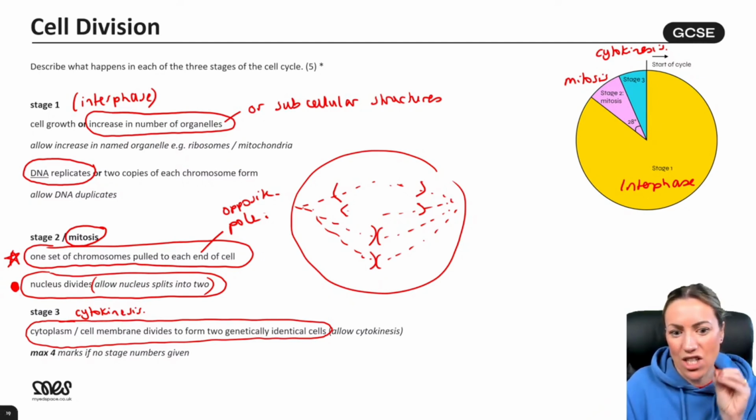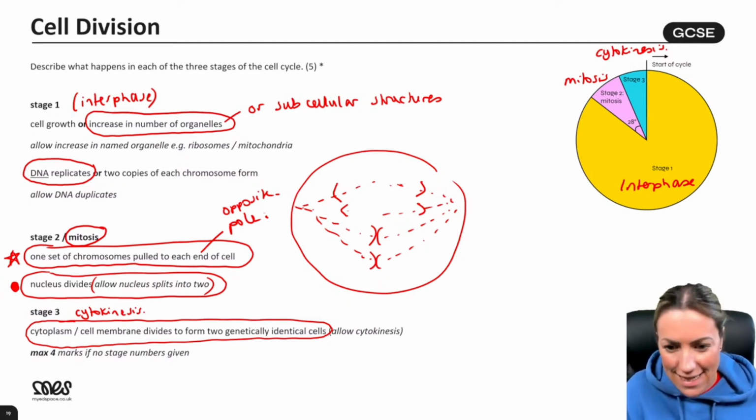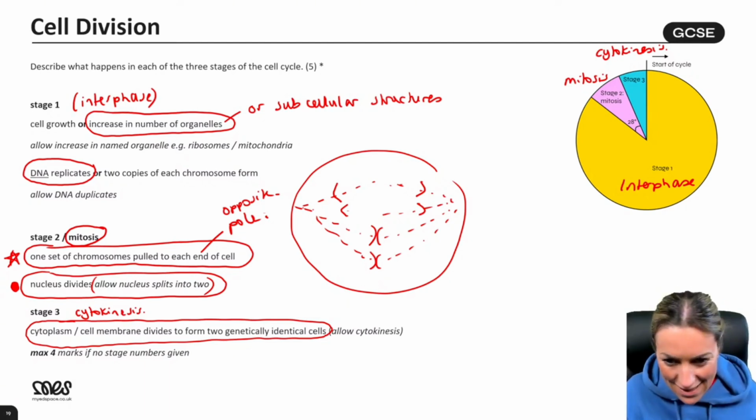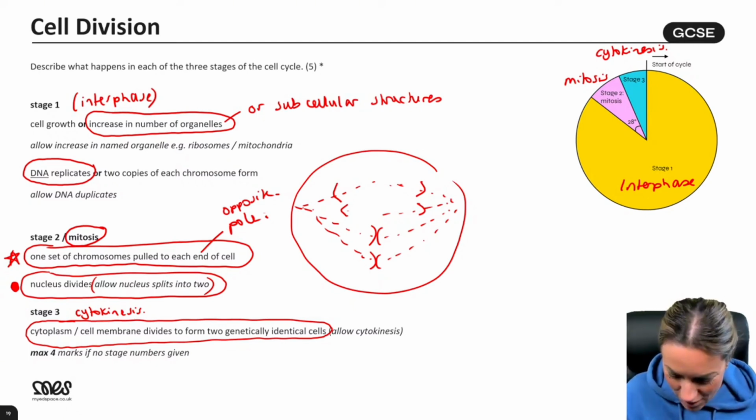So that's where we separate the chromosomes to the opposite poles and the 2 new nuclei form. Yes, two genetically identical daughter cells would be excellent. Okay, let's see if we can crack on.